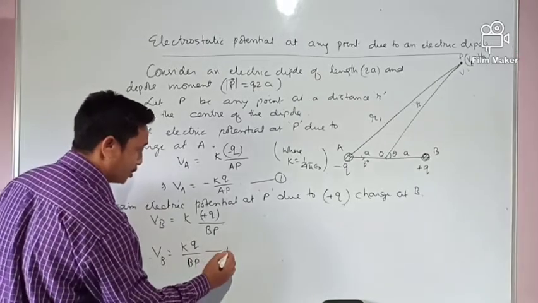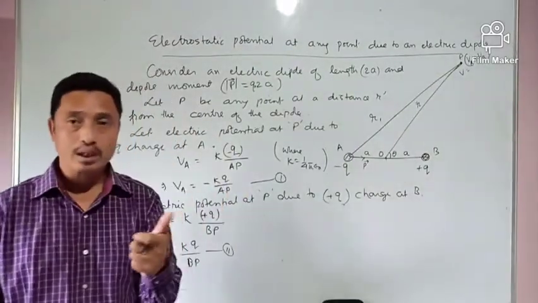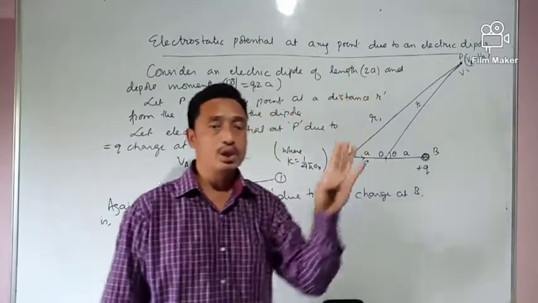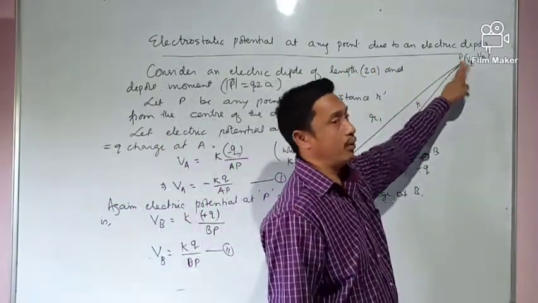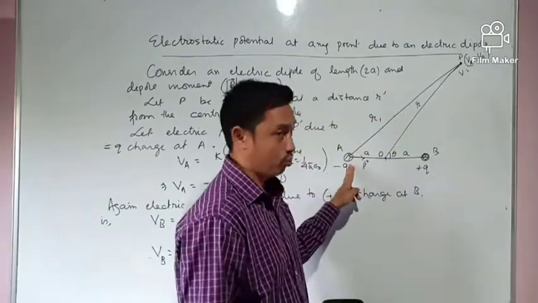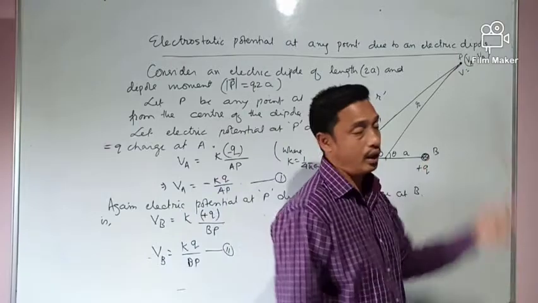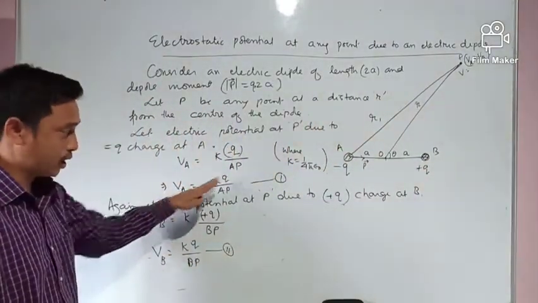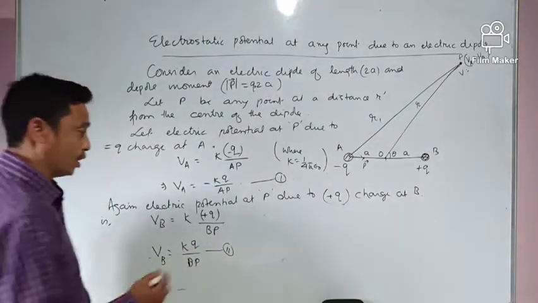This is equation number 2. Now look here: potential is a scalar quantity, so it is directly VA, the potential due to A. For a negative charge we get negative potential, and for a positive charge we get positive potential.